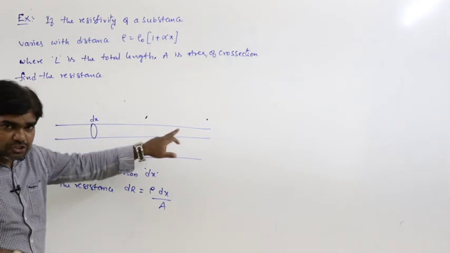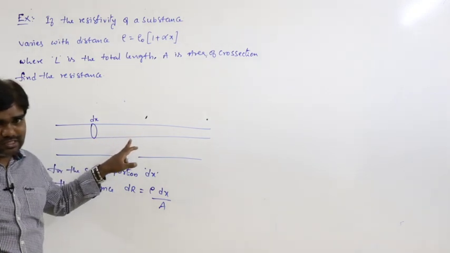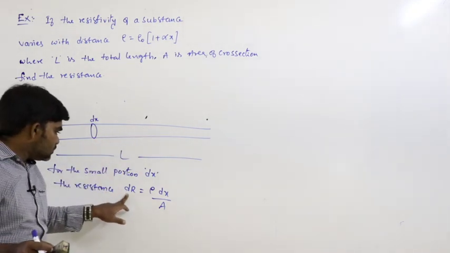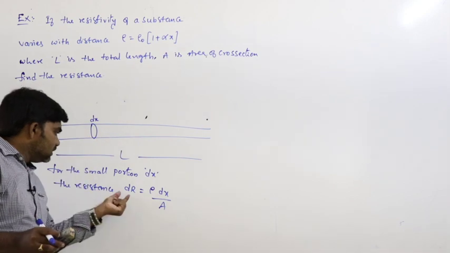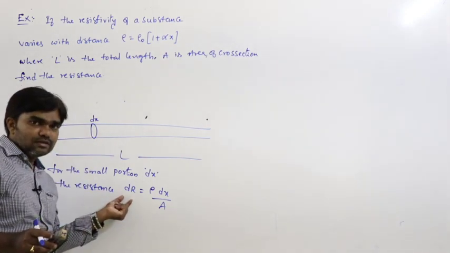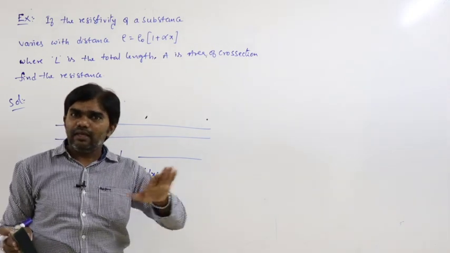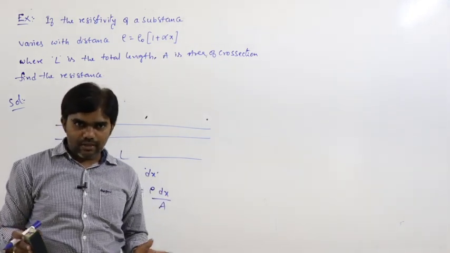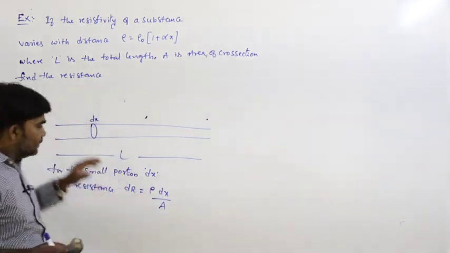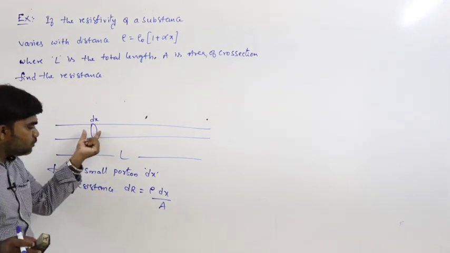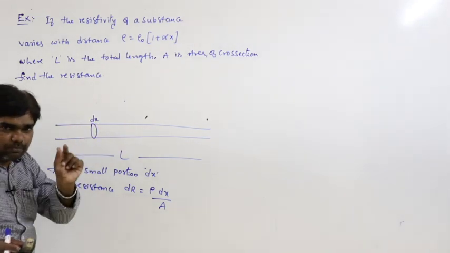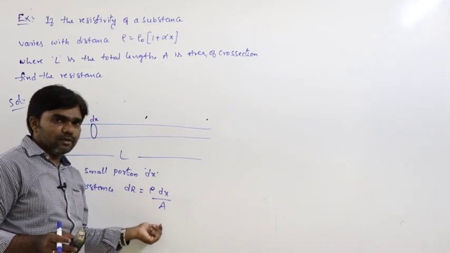Here the area of cross section is uniform, it does not change. So for the small portion dx, the resistance can be written as dR, generally the resistance formula is rho L by A. Here L is the length, and I am considering the length of that portion as dx, a small portion. So rho dx by A.